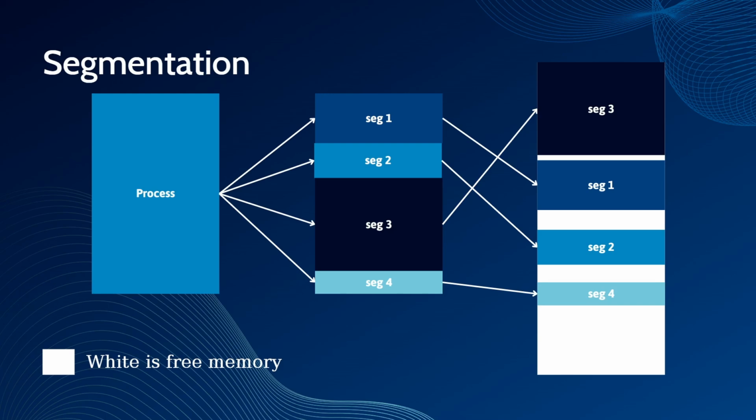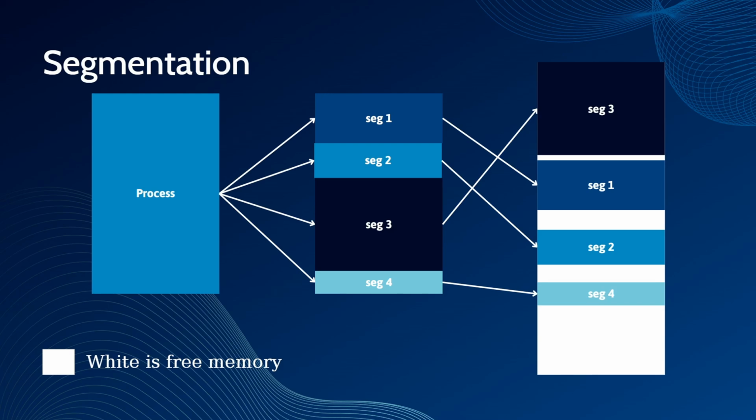Segments. Definition: variable-sized blocks of memory, each representing a logical unit of a program. Examples include code segments, data segments, and stack segments. Characteristics: each segment has its own base address and length, allowing for different sizes and contents.